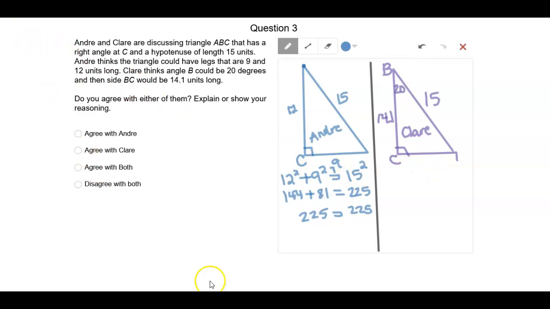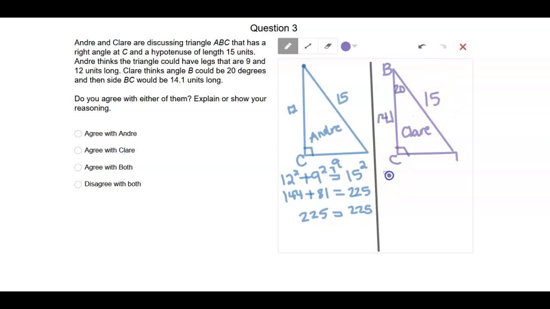So let's check with Claire. Claire is saying that if this angle is 20 degrees, this side could be 14.1 and this could be 15. I know if 20 is the angle that I'm working with, then 14.1 is my adjacent side and 15 is my hypotenuse.